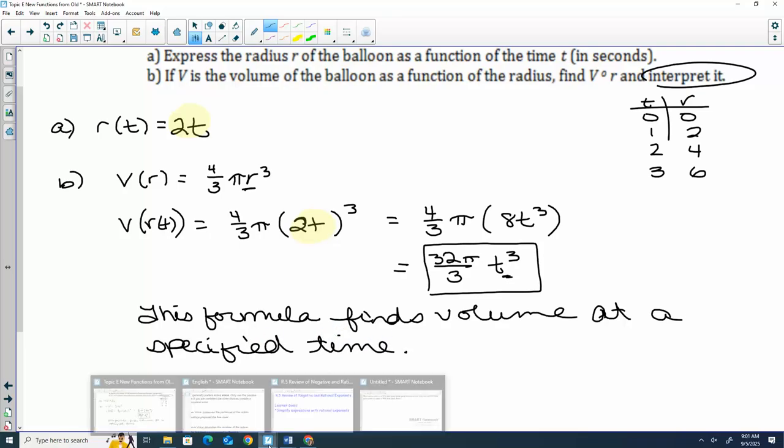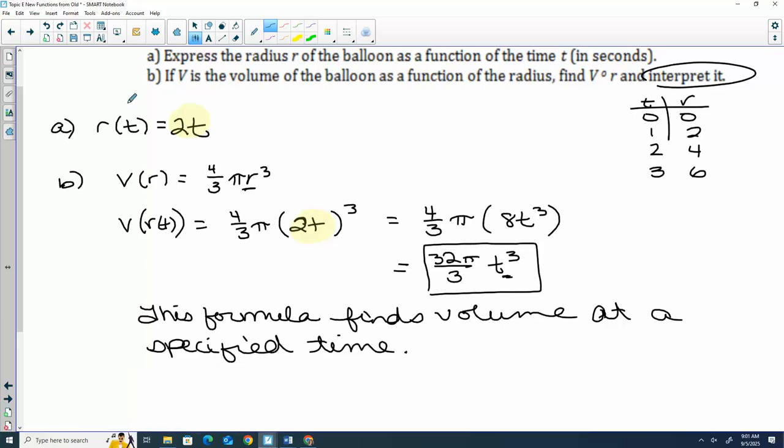So if I told you I've been blowing this balloon up for 4 seconds, you could calculate the volume just by plugging it in here. Questions on that one? Let's try another one.